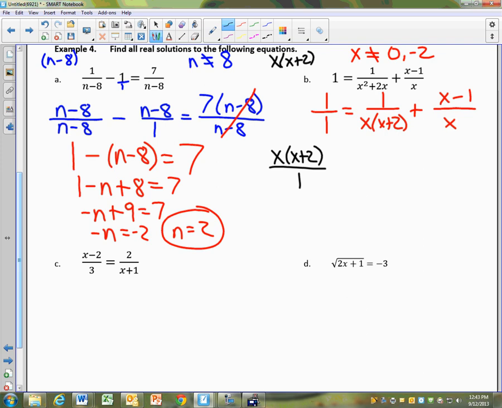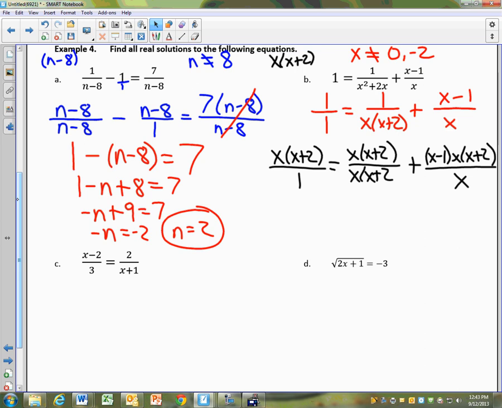That'll be my first fraction. That'll be my second fraction. That will be my third fraction. Now, that's the part that people generally don't like, but you just have to set it up, and then this is the part that you should like, is where you get to cancel stuff off.